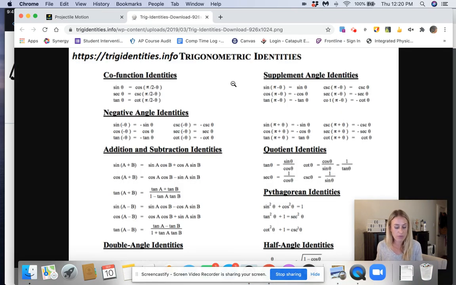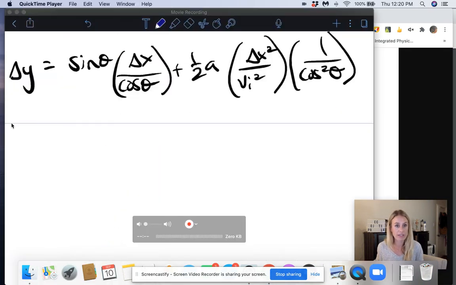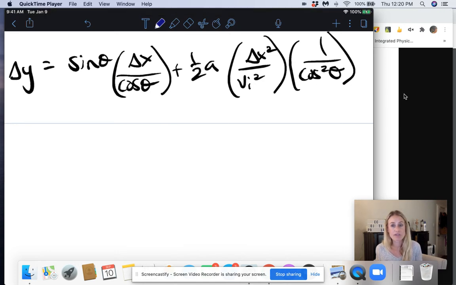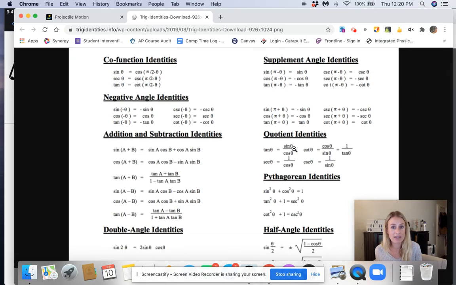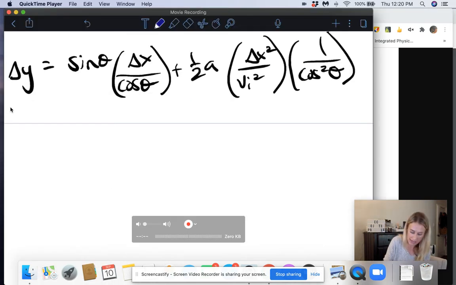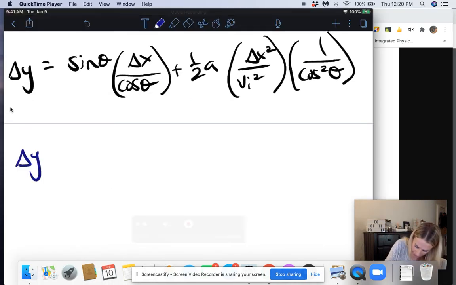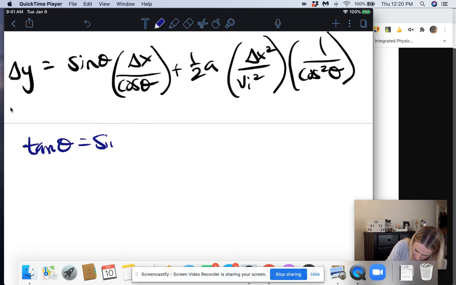Now, one thing I have over here, you can see, is the sine of the angle divided by the cosine of the angle. So using trig identities, I know that sine divided by cosine right here is equal to tangent theta. Tangent of theta is equal to sine theta divided by cosine theta.